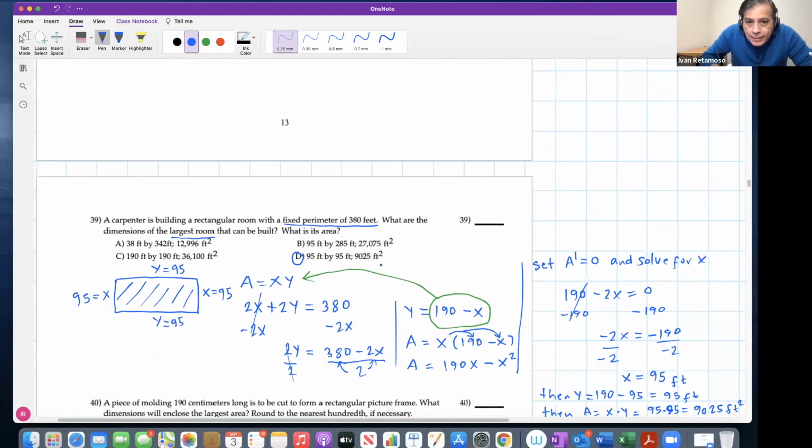It's a square, right? Which tells us that the best way to construct a rectangular room in order to maximize its area is by giving this rectangular room the shape of a square. So I want you to notice that.